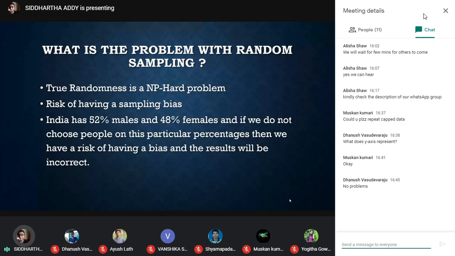It is very important for you to understand that random sampling is not the way to do these things. During a survey or something like this, random sampling is not advised.